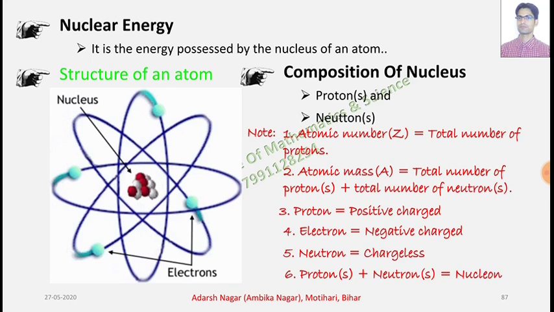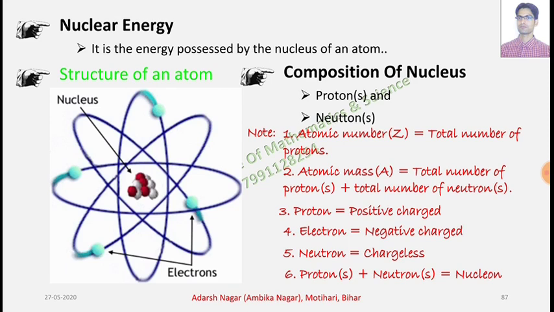Now let's see some more notes about the atom. First, the atomic number, denoted by Z, is equal to the total number of protons or the total number of electrons, because in an electrically neutral atom, or a parent atom, the number of protons and electrons are the same.